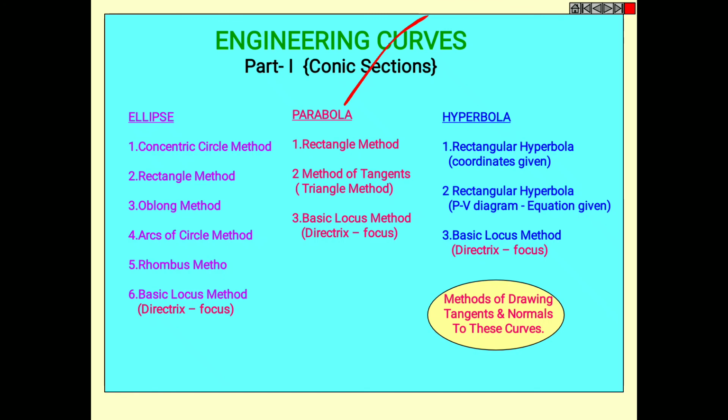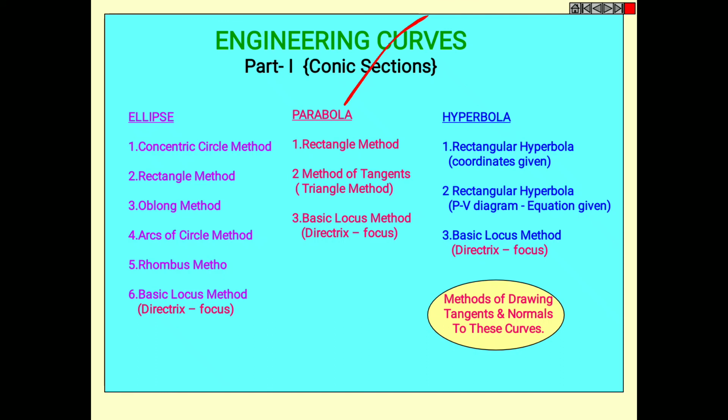So we mostly see this basic locus method in all the 3 conic sections. It is a general method to draw these conic curves in engineering curves, either ellipse or parabola or hyperbola.